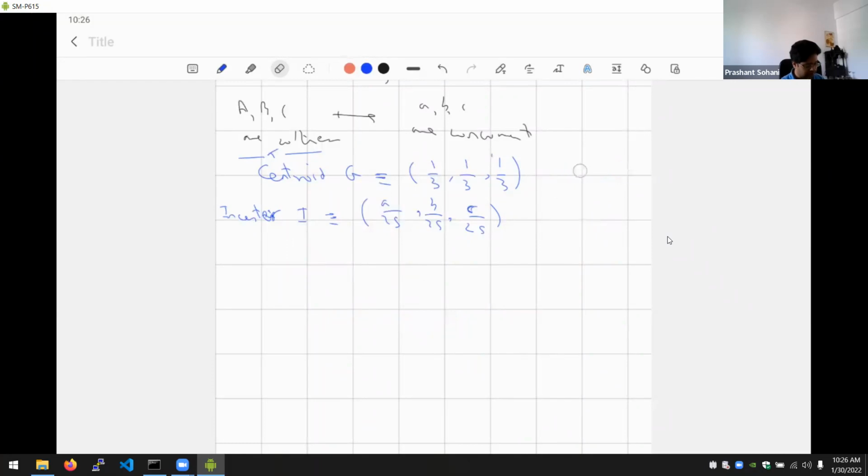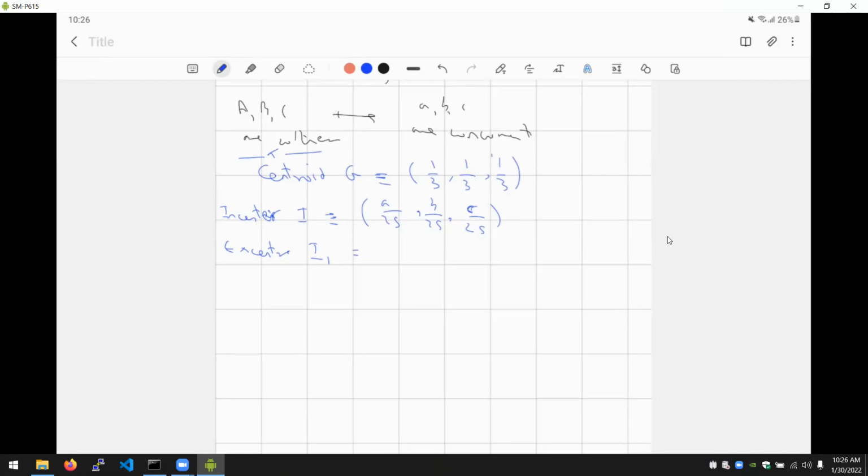What about the excenters? Let's say the excenter opposite A, so I1. Sir, in generalized form, that also will be ABC.